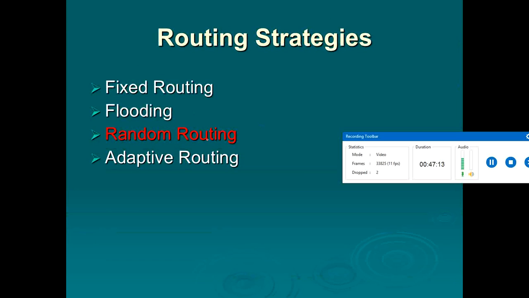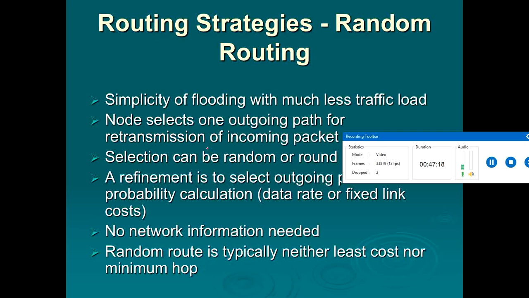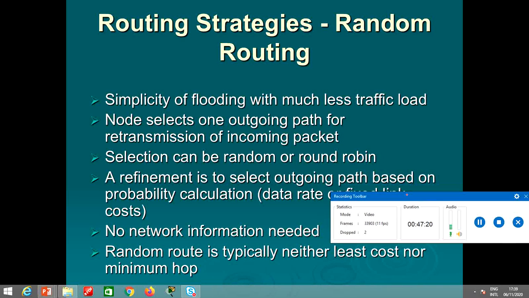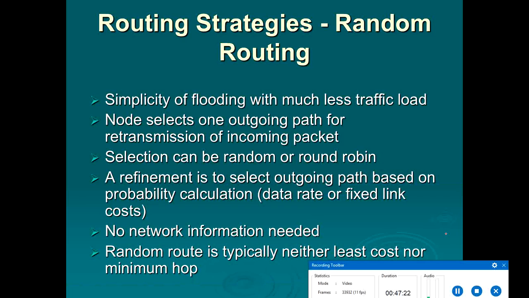The third routing strategy for today's lecture is random routing. Now, what is random routing? Random routing has the simplicity and robustness of flooding with a lesser amount of traffic.